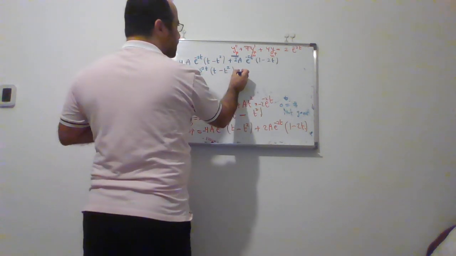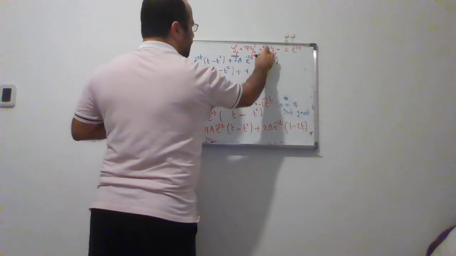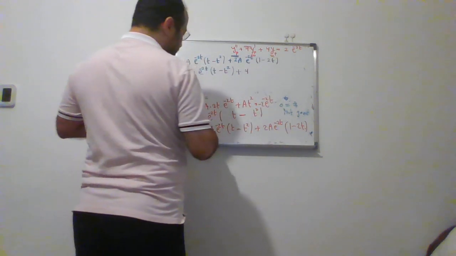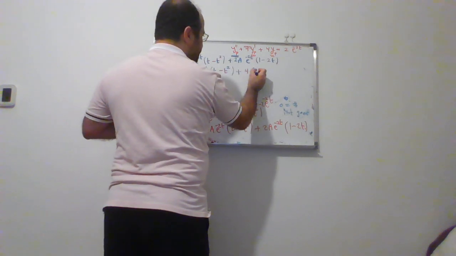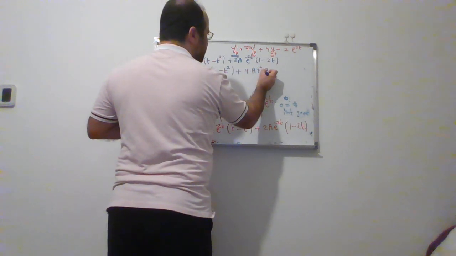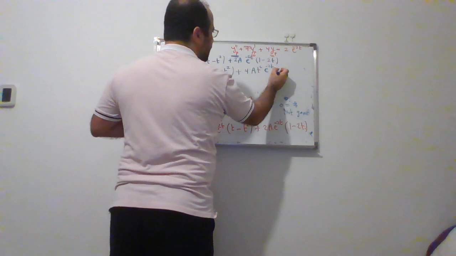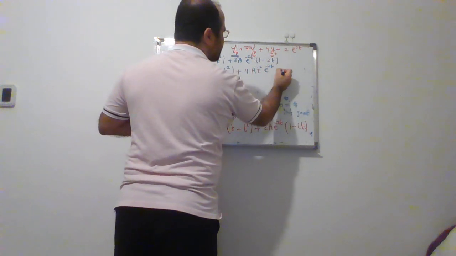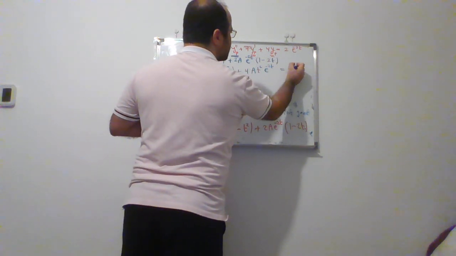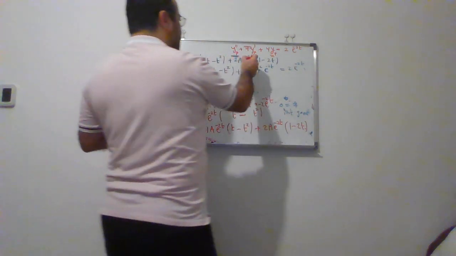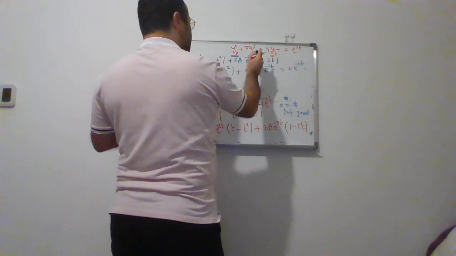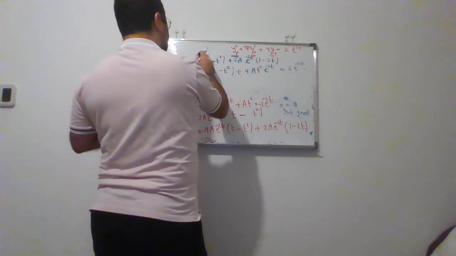And then the last thing is 4 times y particular. What is y particular? It was a t squared e^(-2t), and the other side of the equation is 2e^(-2t). Now I can divide by this thing and get rid of it from now on.